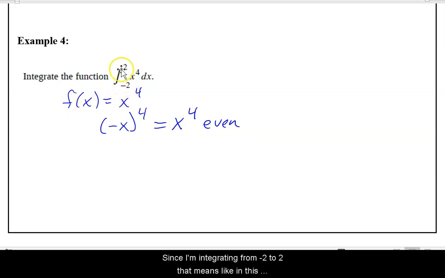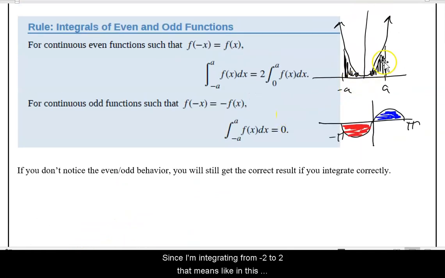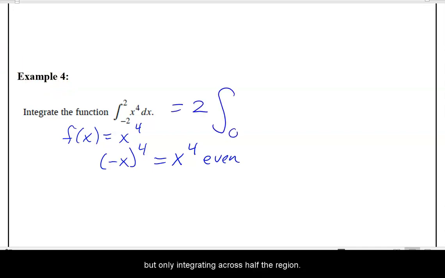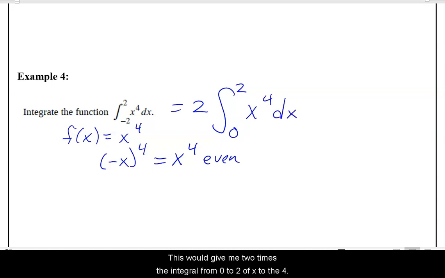Since I'm integrating from negative 2 to 2, that means, like in this picture here, I have the same area from negative 2 to 0 as I have from 0 to 2. That means I can simplify this one by doubling the integral, but only integrating across half the region. This would give me 2 times the integral from 0 to 2 of x to the 4th.